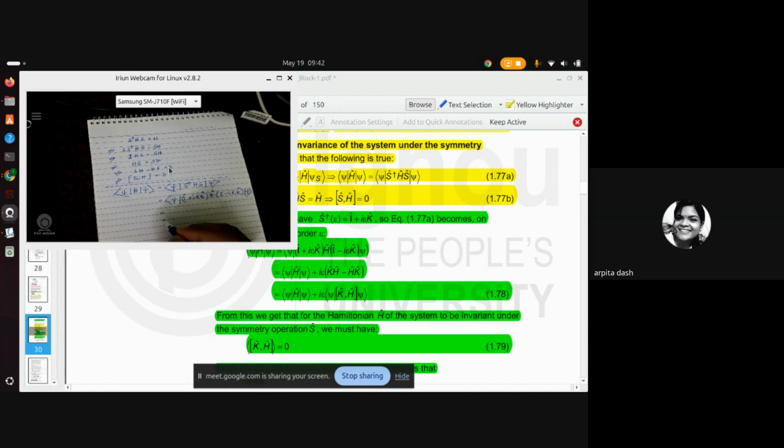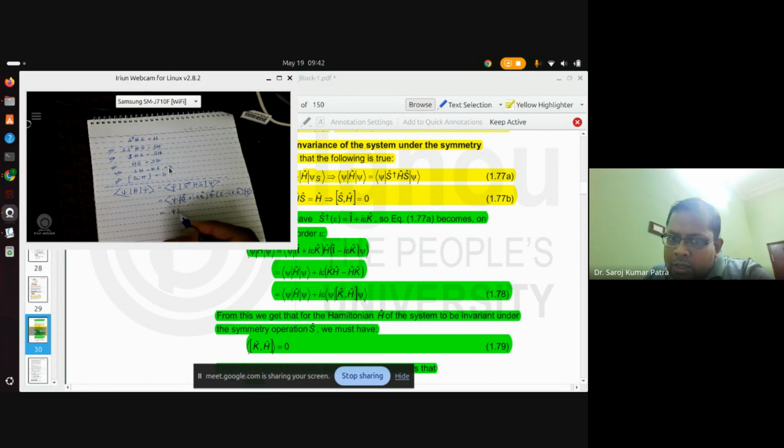Yes, sir. Now, since there is identity, it will be psi H psi. One will come, right? If I am multiplying, then what will come? Plus I epsilon is a number. I epsilon is just a number.